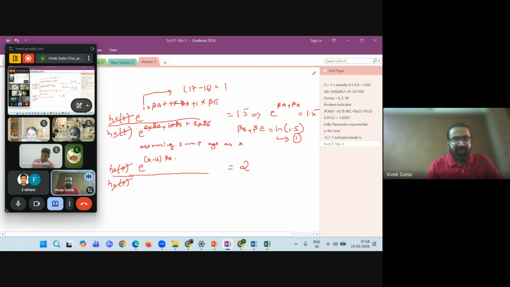They are female, so 0 into beta s plus 1 into beta e because the female has passed in mathematics. Upon e raised to x minus 16 beta a plus 1 into beta s because now this is male, plus 0 into beta e because now it is not mathematics. This entire thing gets cancelled.